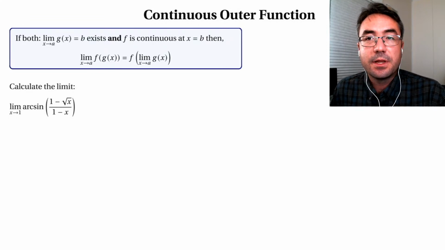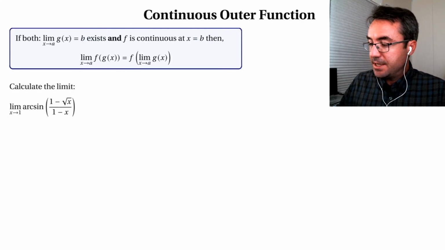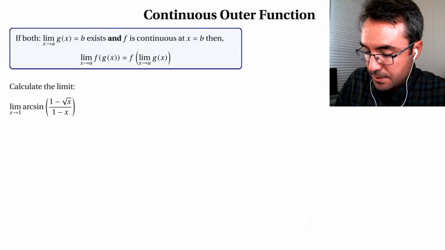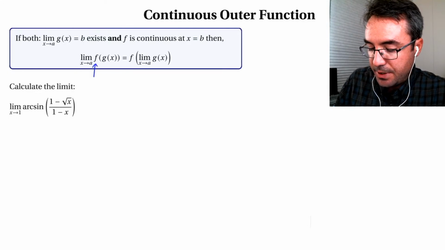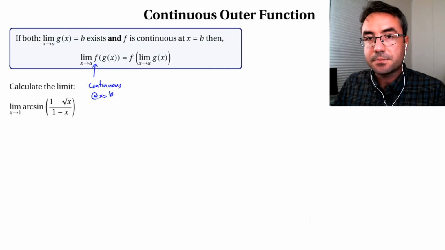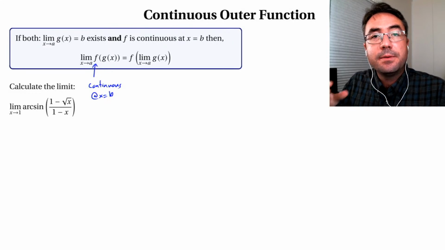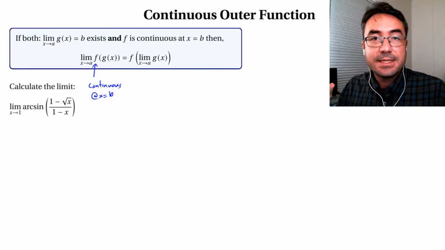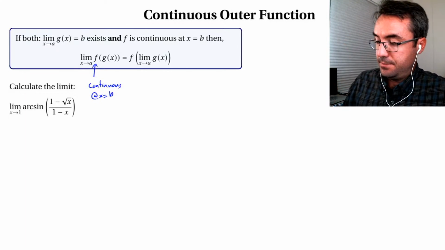Let's say we're doing the limit of a composite function and the outer function is continuous. Let's say that we know this outer function is continuous at x equals b. If we know our outer function is continuous, what can we do with the limit? We can bring the limit inside of that outer function.